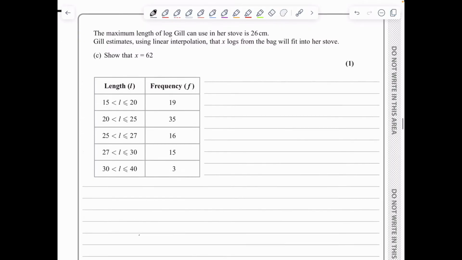Now the maximum length of log Jill can use in her stove is 26 centimeters, and using linear interpolation she finds that X logs from the bag will fit into her stove. We need to show that X is 62.